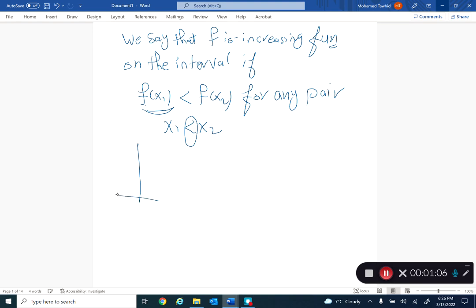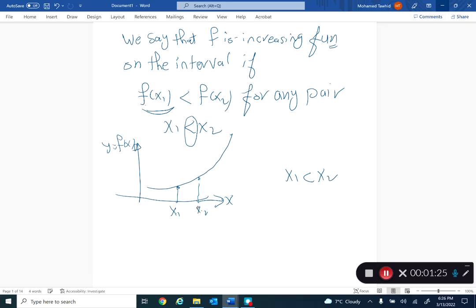For example, if I have a function like this, that is your x, and that is my y, or f of x. If I take x1 here, and here that is your x2, it's very clear on the graph that x1 is less than x2.